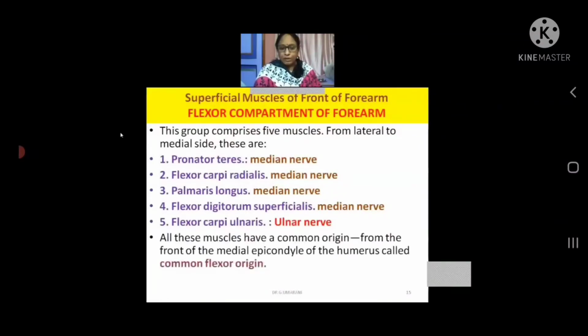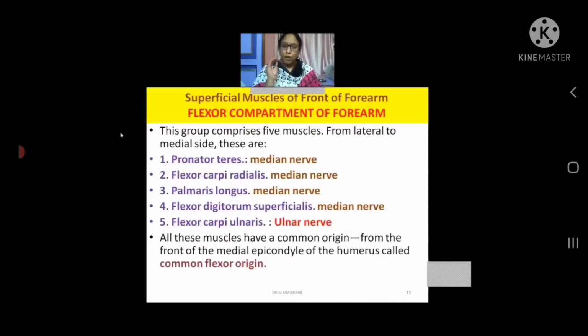All these muscles have a common origin from the medial epicondyle of the humerus. That origin we call the common flexor origin. So the anterior compartment of the front of the forearm has 5 muscles.